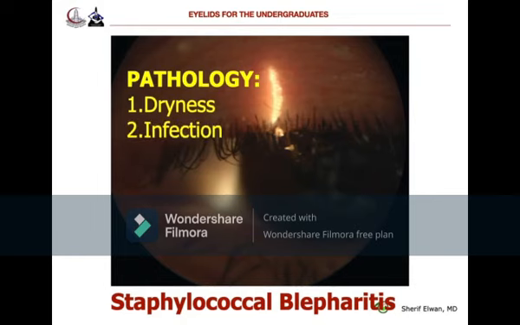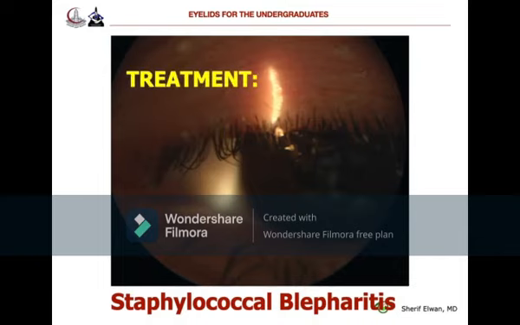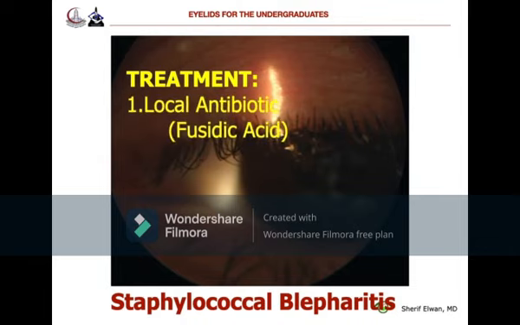And as you know, the tear film is important in containing lysozymes, which are enzymes of antibacterial nature, and therefore dryness predisposes to infection.